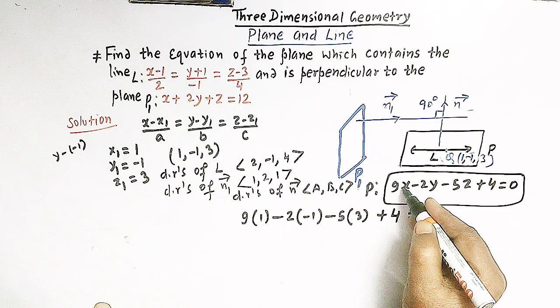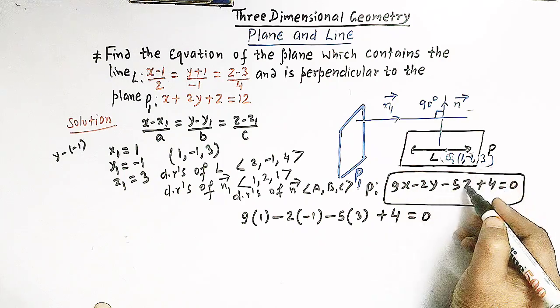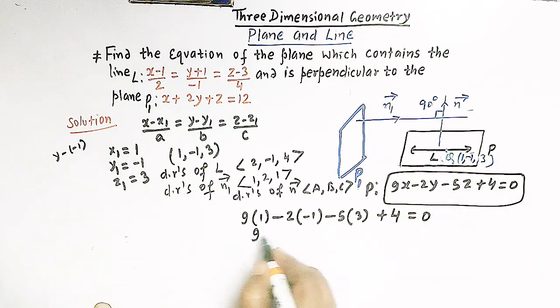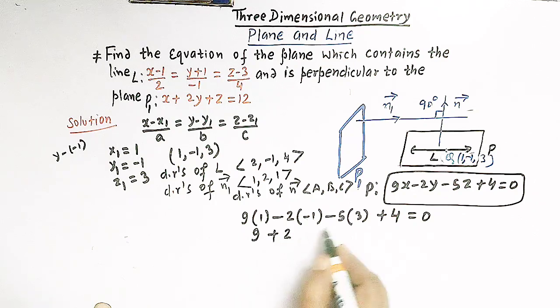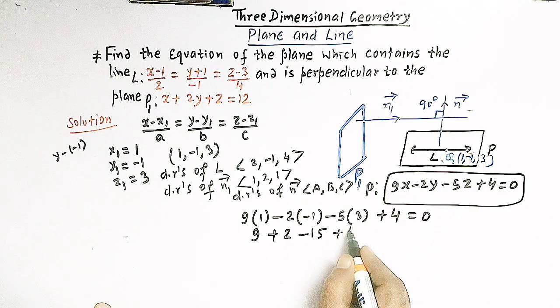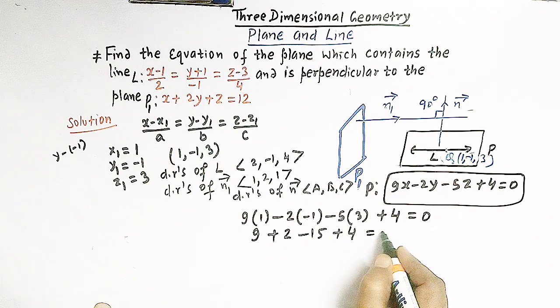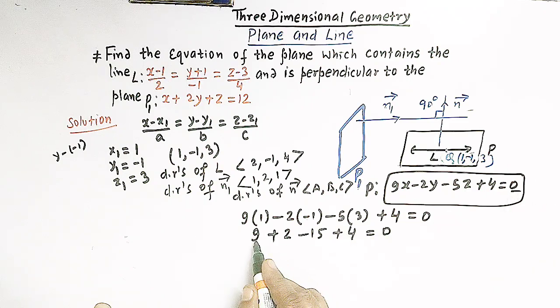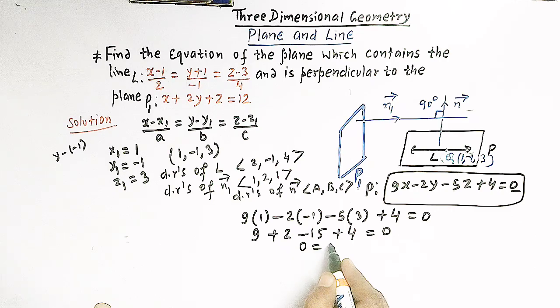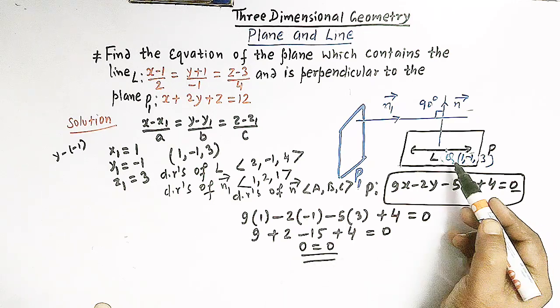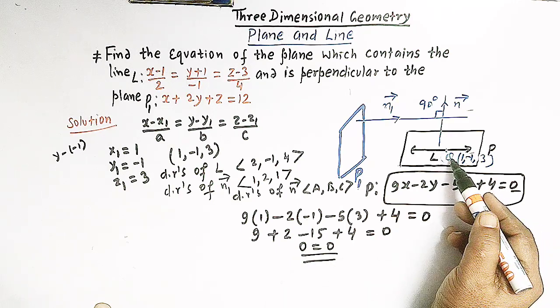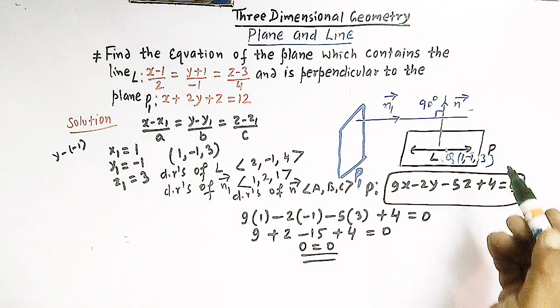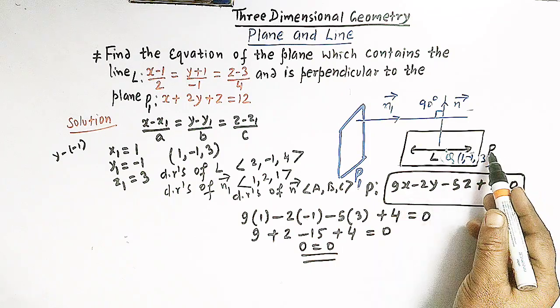So taking x is equal to 1, y is equal to minus 1, and z is equal to 3, we have 9, then we have plus 2, then here we have minus 15, and here we have 4, right? And this is equal to 0. So here we see that 9 plus 2 is 11, 11 plus 4 is 15, and 15 minus 15 is 0. So we have 0 is equal to 0. So it implies that this point Q lies on the plane P, as it satisfies the equation of the plane P.